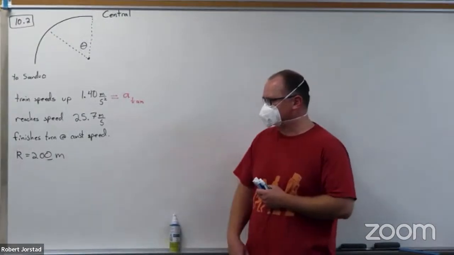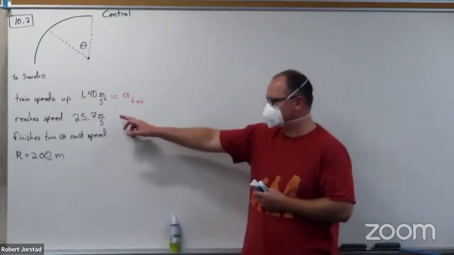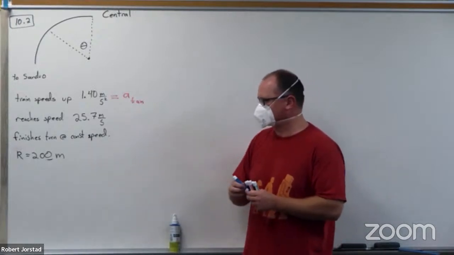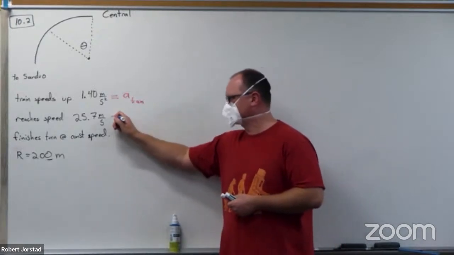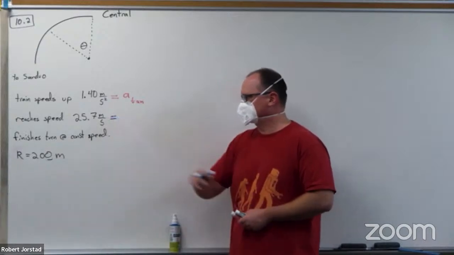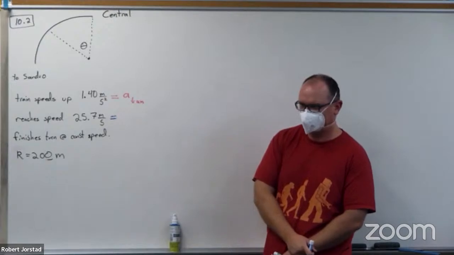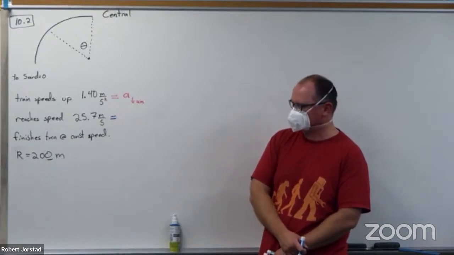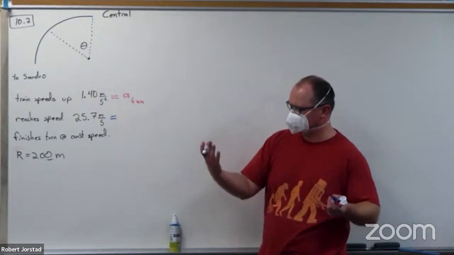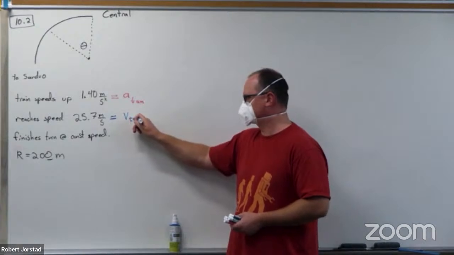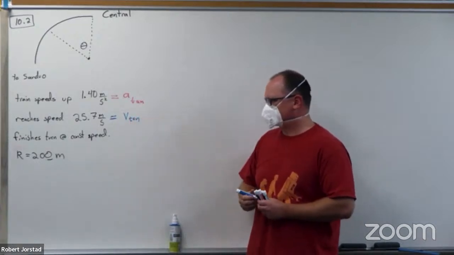It's going to reach some speed. What is this symbol? 25.7 equals what? Is it omega? Not omega, it's not radians per second. So it must be V tan. Okay.